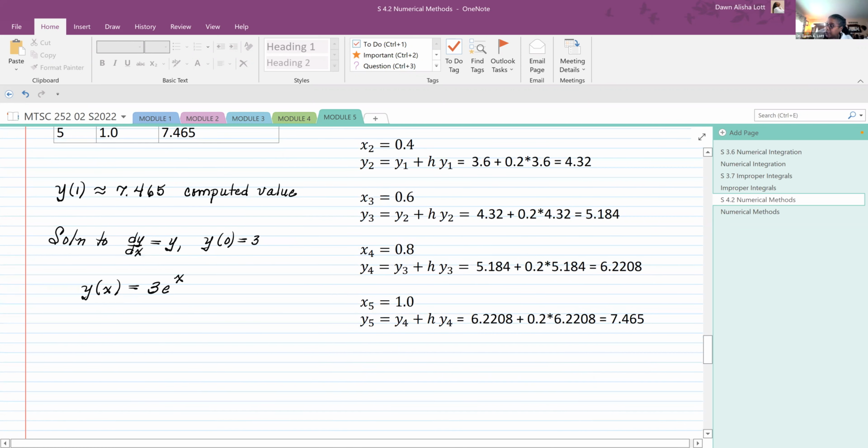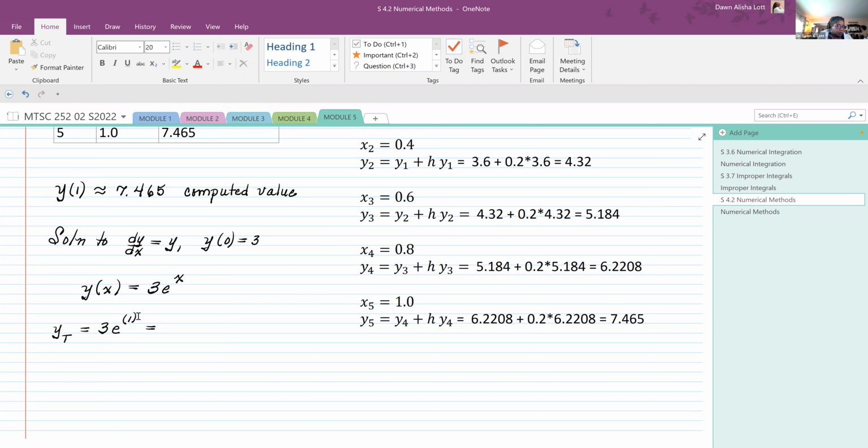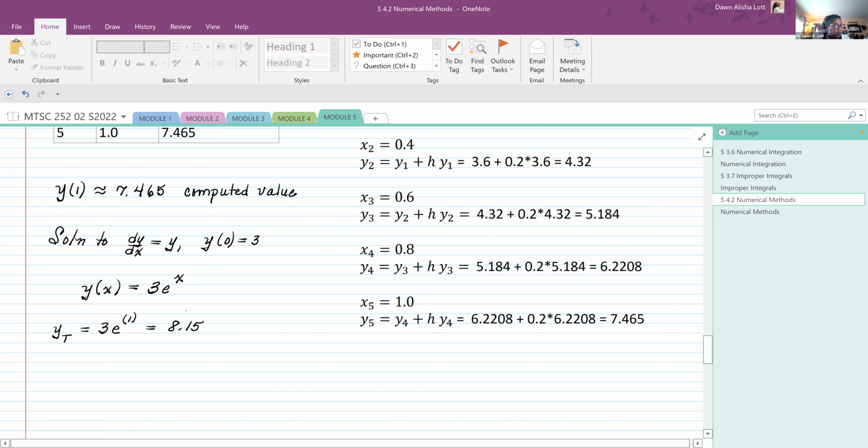So the true value is 3 times e to the 1, and 3 times e to the 1 is 8.1548.